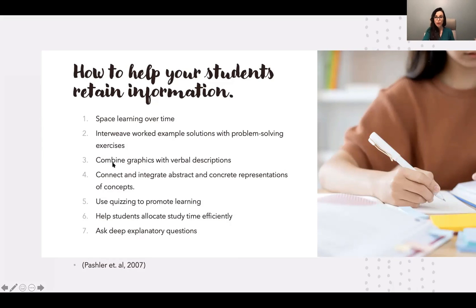This one's good too. Obviously, this is very UDL-like: combine graphics with verbal descriptions. And also this one, connect and integrate abstract and concrete representations of concepts, just meaning if it's abstract, put something concrete with it.